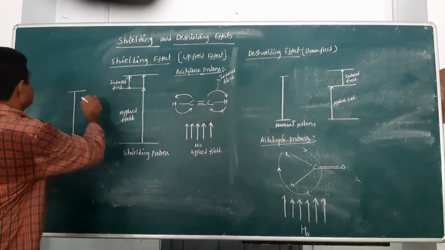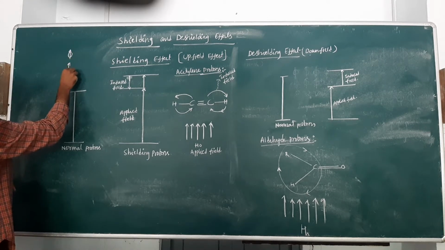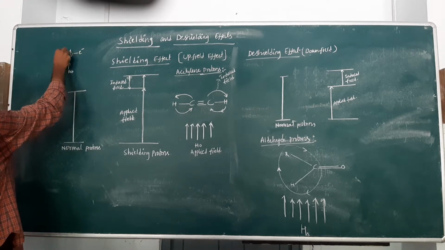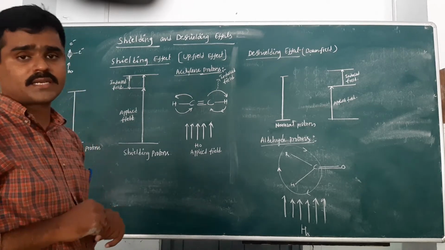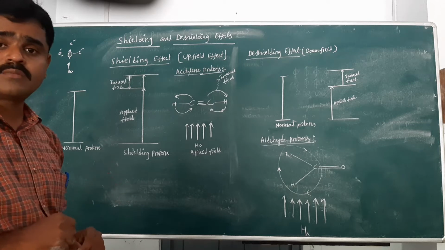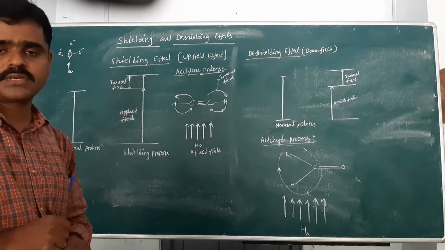When a proton is placed in the external magnetic field, the neighboring electrons cause a secondary magnetic field. This secondary magnetic field can change the chemical shift value.